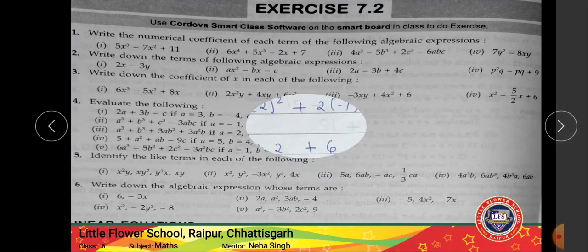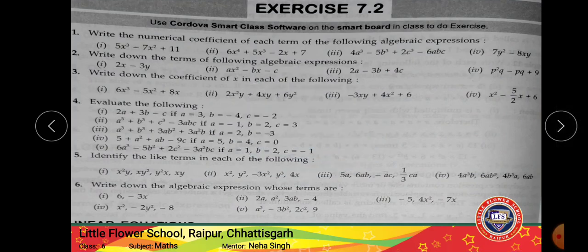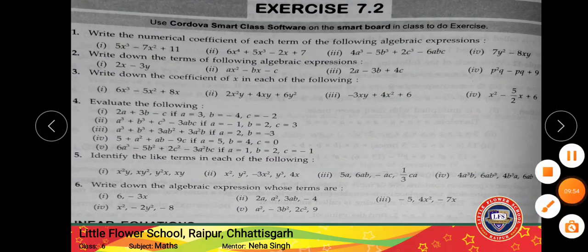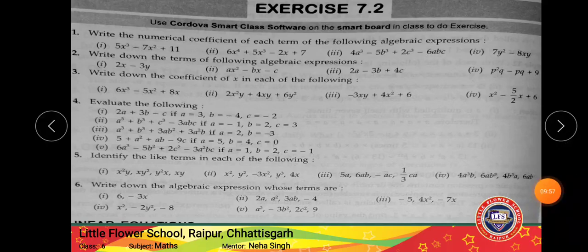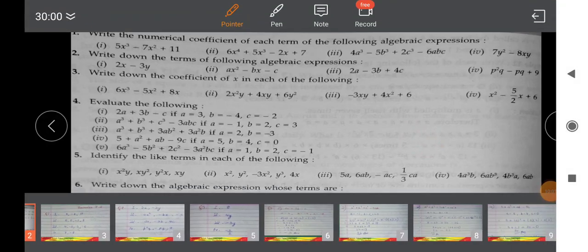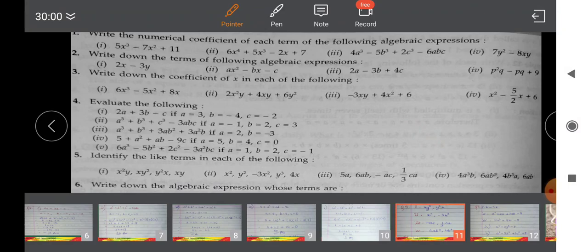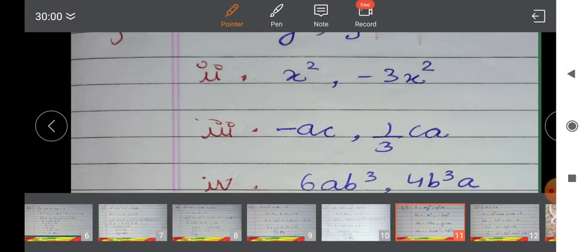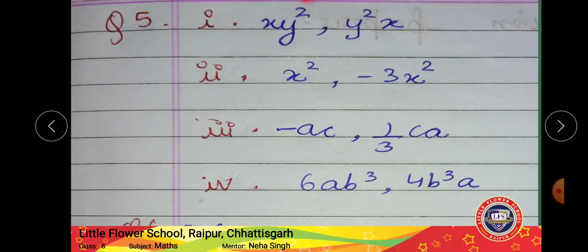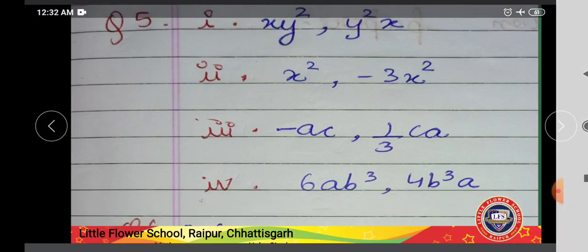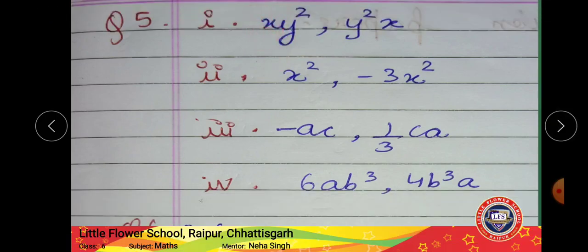Now coming to the fifth question, identify the like terms in each of the following. Now what does like terms mean? Like terms means the degree is same, right? Total number of powers will be same. Suppose here the power of y is 2 and x is 1, right?